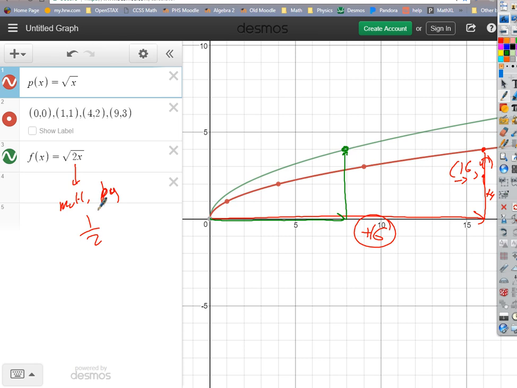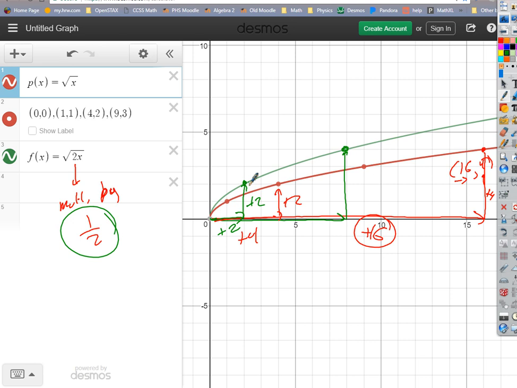Because I'm going to multiply by 1/2, right? Instead of going over 4 and up 2, we're going to go over 4 times 1/2. I'm going to go over 2 and up 2. You see that? Okay? All right.